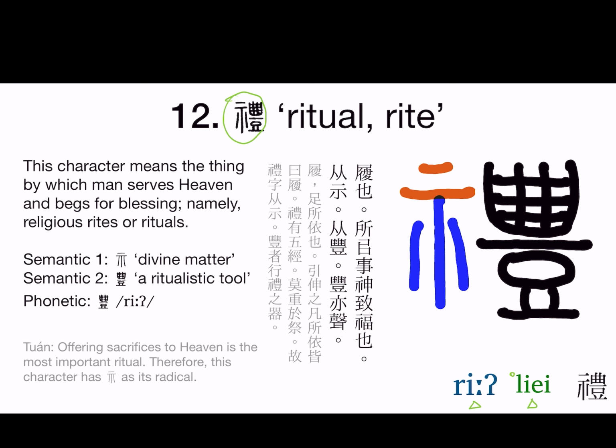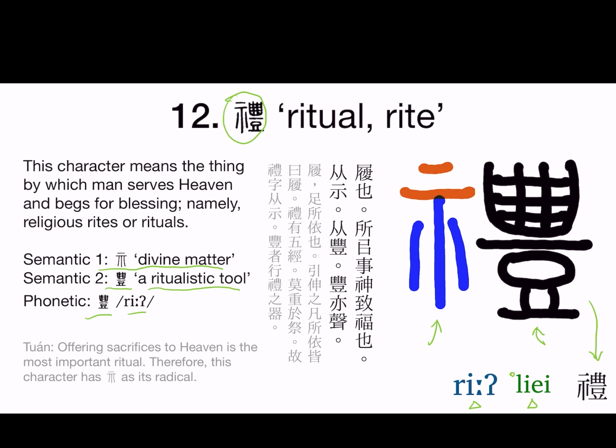Its primary semantic component is the radical meaning divine matters, and its secondary semantic component, which is also its phonetic component, is a character that is pronounced ri and means a ritualistic tool. So here on the left-hand side is its primary semantic component, and here on the right-hand side is its secondary semantic component as well as its phonetic component. And here is its regularized form.